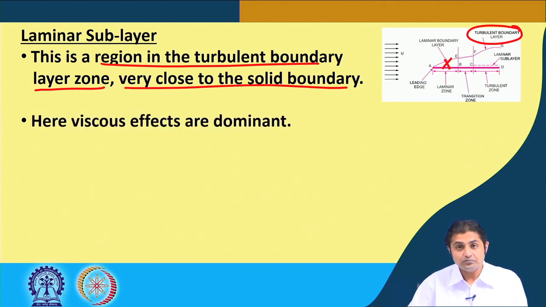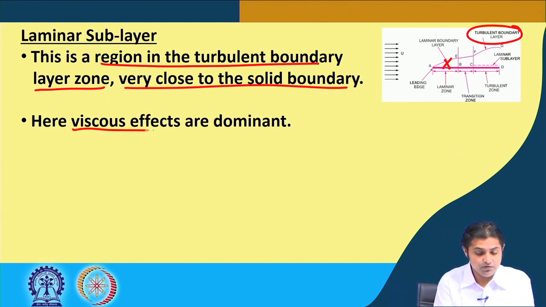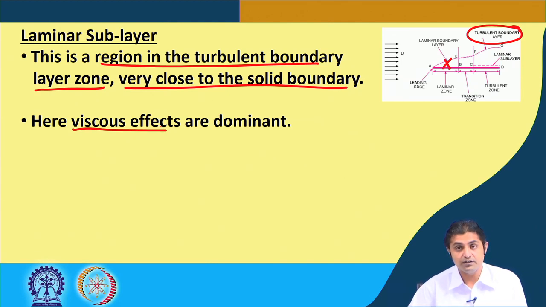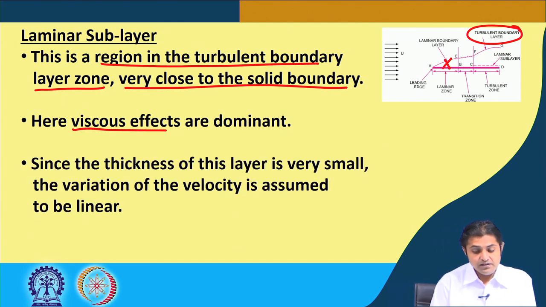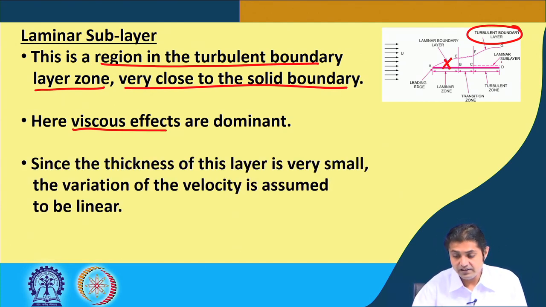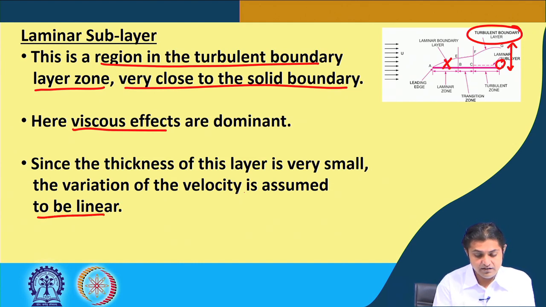And here, because viscosity will play an important role, the viscous effects are dominant. They are much more than the other type of forces. Since the thickness of this layer, as we can see, is very small compared to this, right, the variation of the velocity can be assumed to be linear.